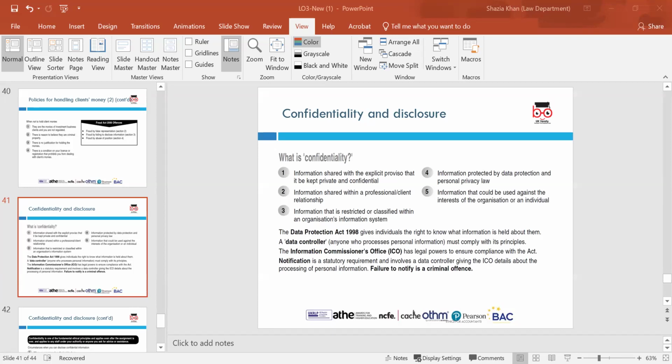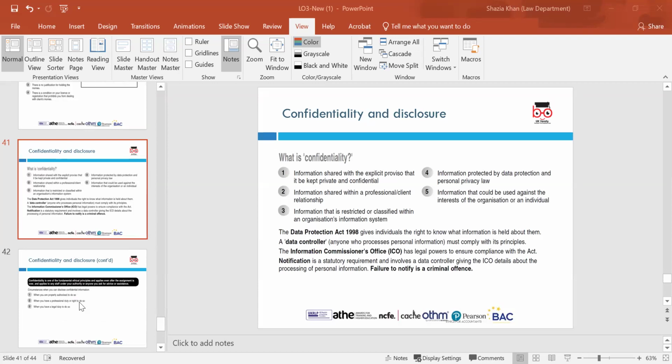The receiving party understands its confidential nature and any circumstance that would call for disclosure of said information. So it's really important to identify that confidentiality is an ethical and legal duty, but it's not absolute. You may disclose personal information without breaching duties of confidentiality, but it all falls within GDPR and the Data Protection Act.